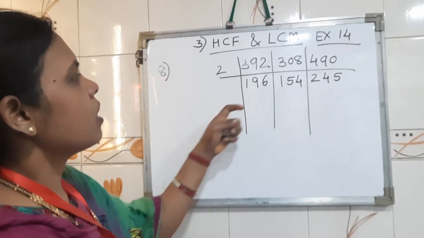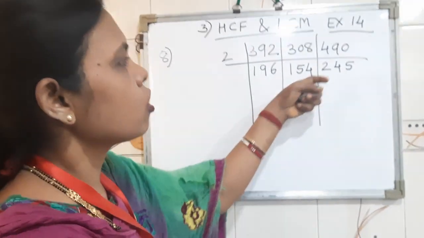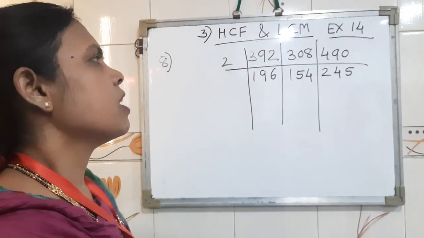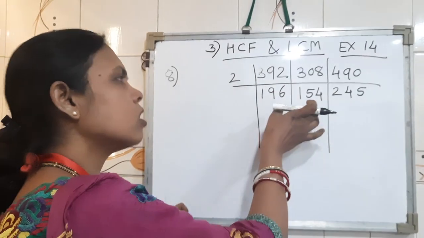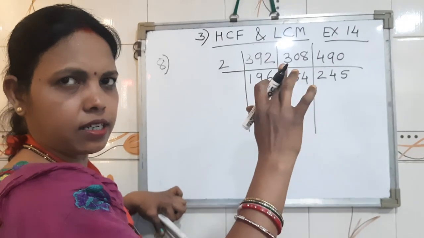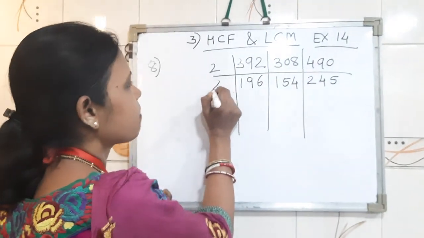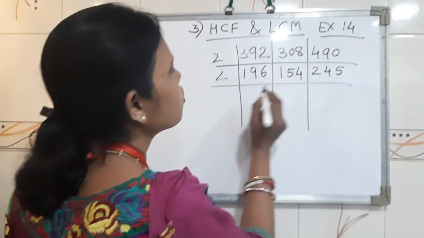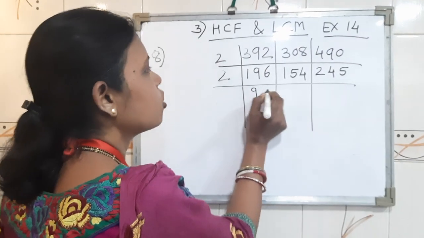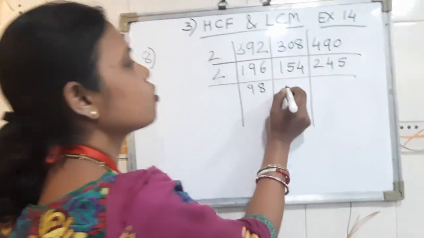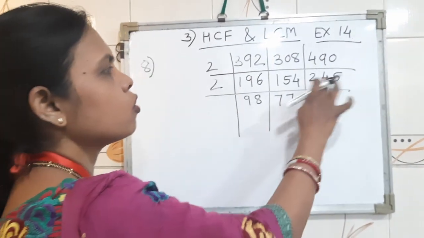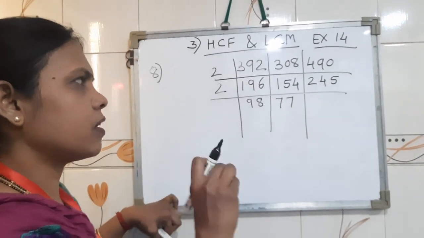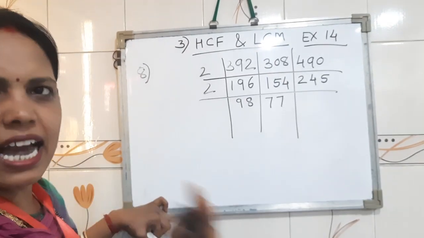Now here 196, 154, 245 we got. Now we will see by which number all 3, or out of 3, 2 will divide. So again we will take 2. 2 9 are 18, 2 8 are 16, 2 7 are 14, 2 7 are 14. 245 will not divide, it will stay as it is.